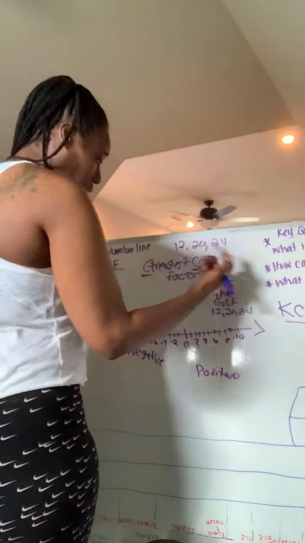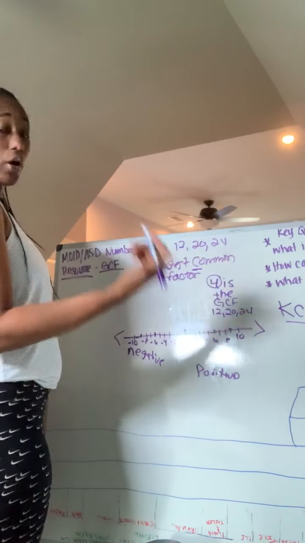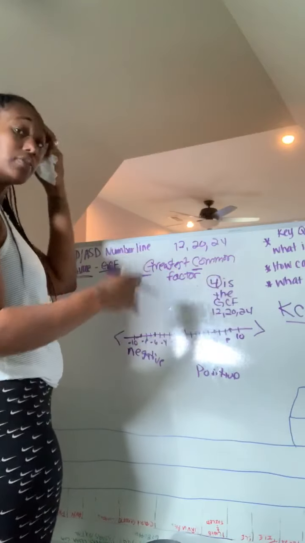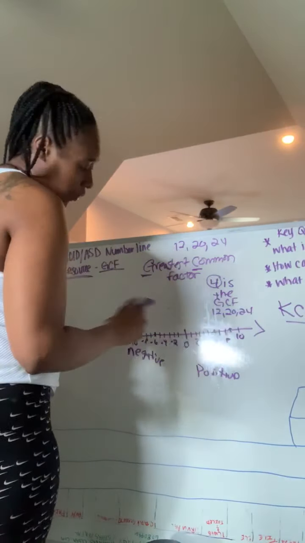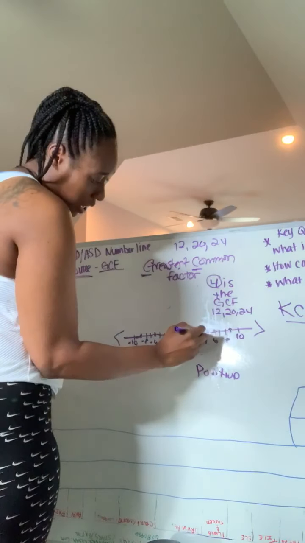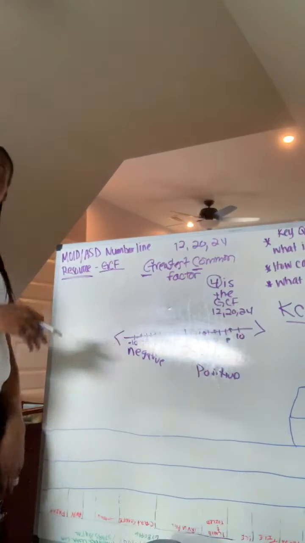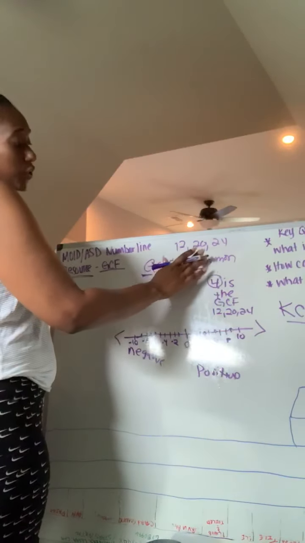So we're going to come down here, and we know 4 is positive, so we know that it's got to go to the right side of the number line. Anything that is positive goes to the right side of the number line. So we'll come down here and we'll find the number 4, and we will make a dot. So that's the number 4, which is the GCF of 12, 20, and 24.